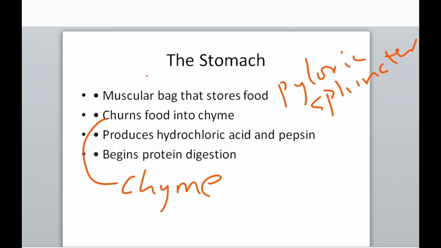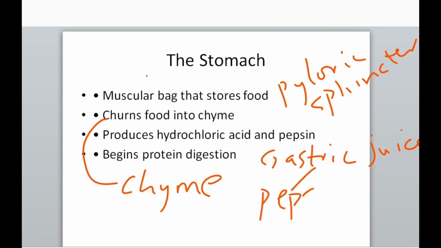In the stomach, the gastric gland produces gastric juice that contains two enzymes, pepsin and renin.